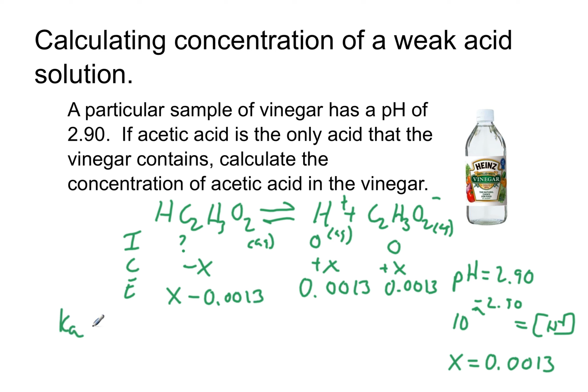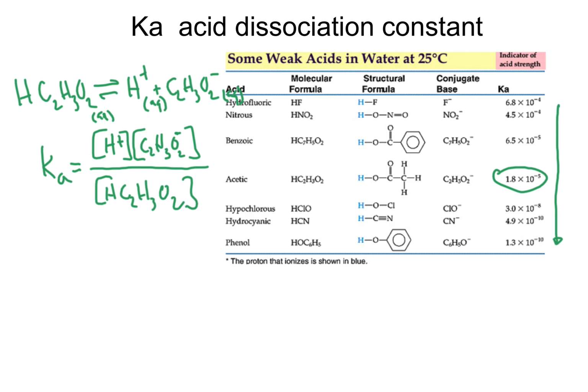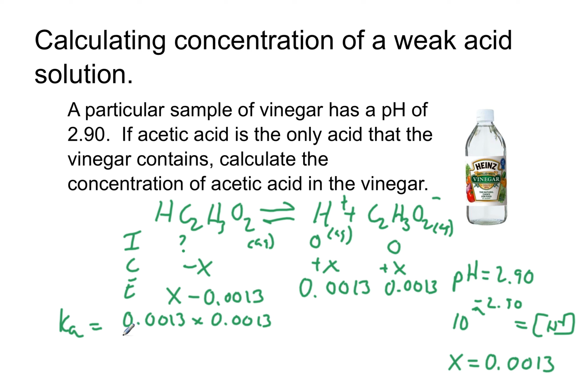So the Ka would be equal to 0.0013 times 0.0013. And again, if you're curious where I got this, if I go back to this slide, my Ka is H plus times C2H3O2 minus over the acetic acid. So I put the acetic acid on the bottom, which is X minus 0.0013.